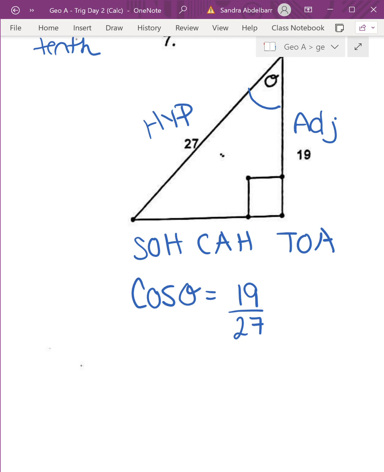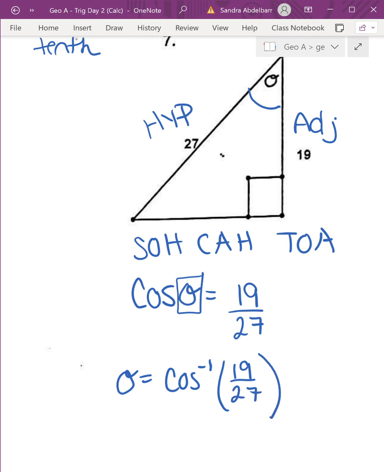Now how am I going to solve for theta? You have to multiply by the inverse. So theta is going to equal cosine to the negative first of 19 over 27, the inverse of cosine of 19 over 27.